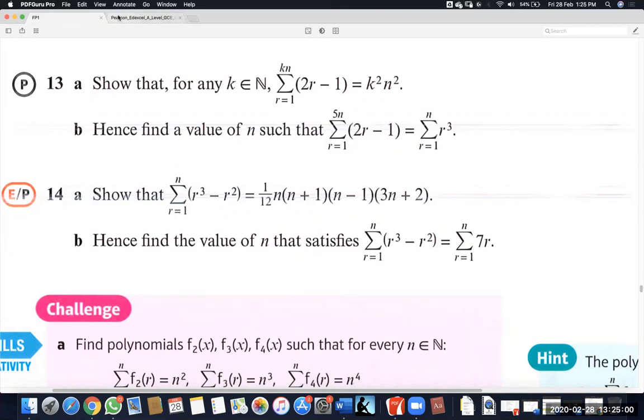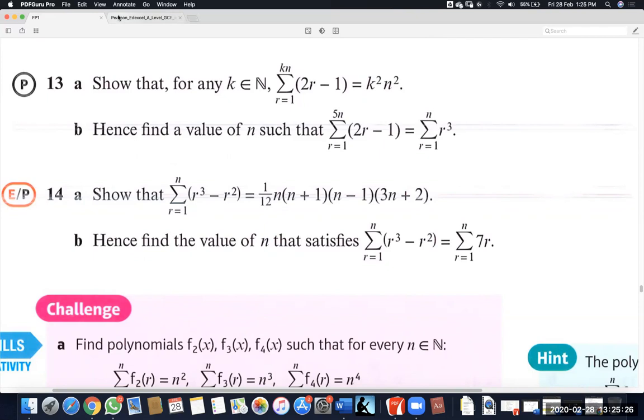I've also sent you the formula for R cube, R squared. Got it.